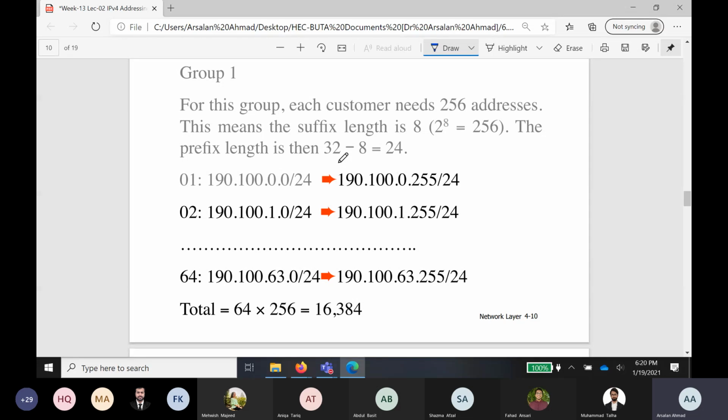And one important thing which I want to mention is that in classful addressing, we approach the problem from left to right in terms of an IP address, which means that we see how many subnets are required, and we borrow that many bits from the host ID portion. I hope you guys remember this. In classful addressing, that's how we approach the problem.